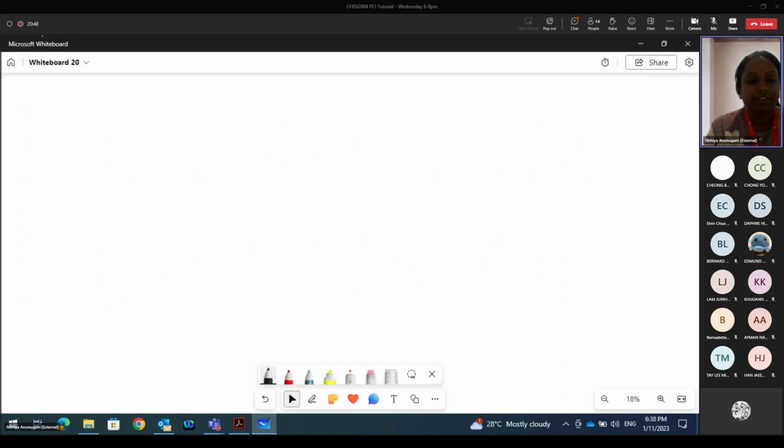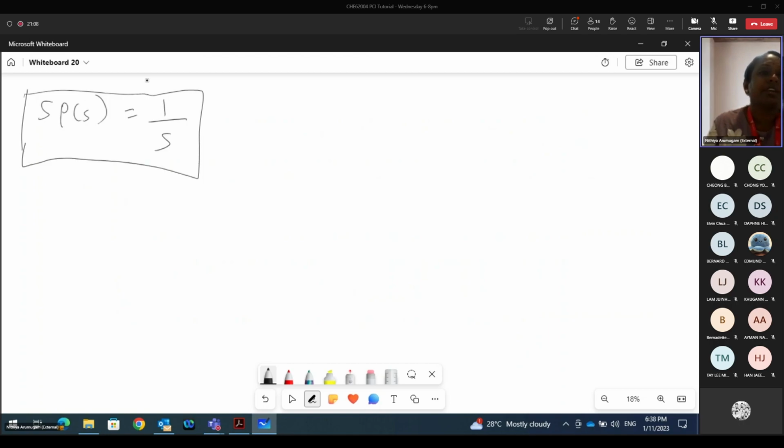So for that, we can express the set point as a unit step. For a unit step, we put the set point as 1 over s. Remember, this is the unit step expression for set point if the set point is not specified.